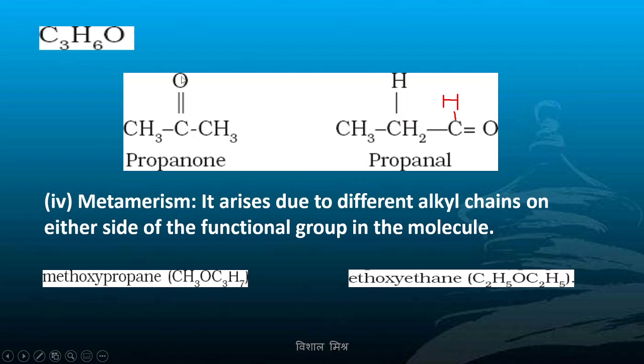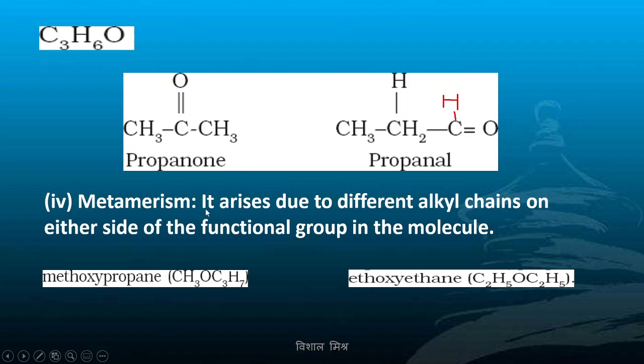Here it is a ketonic group because this carbon is bonded to two carbons on either side. But in the case of this aldehyde, you see one side is bonded to carbon, the other side is hydrogen. So here the molecular formula is the same, but the functional group is different. This phenomenon is known as functional group isomerism.